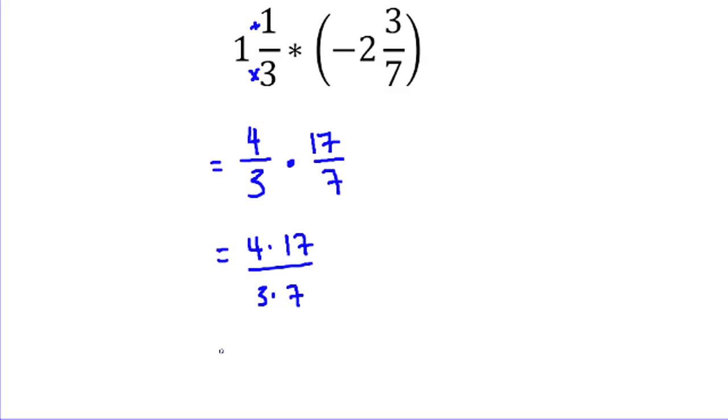So now I'm just going to combine those together. 4 times 17, I believe, is 68, and 3 times 7 is 21. Since there were no places to simplify at the beginning, I know this is already in simplest form, but if I want, I could also put this into a mixed number. 21 goes into 68 3 times with 5 left over, so 3 and 5/21.